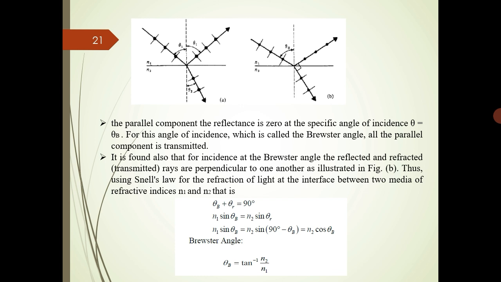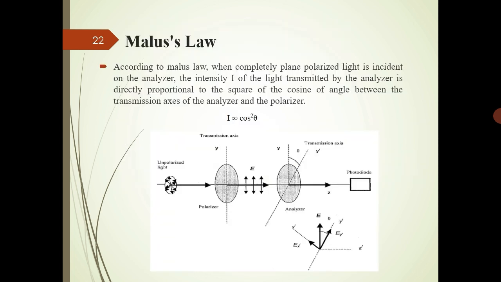We know sin by cos is equal to tan. After applying that, tan theta b is equal to n2 by n1. Bringing the tan to the right hand side, it becomes tan inverse. So Brewster's angle is equal to tan inverse of n2 divided by n1.